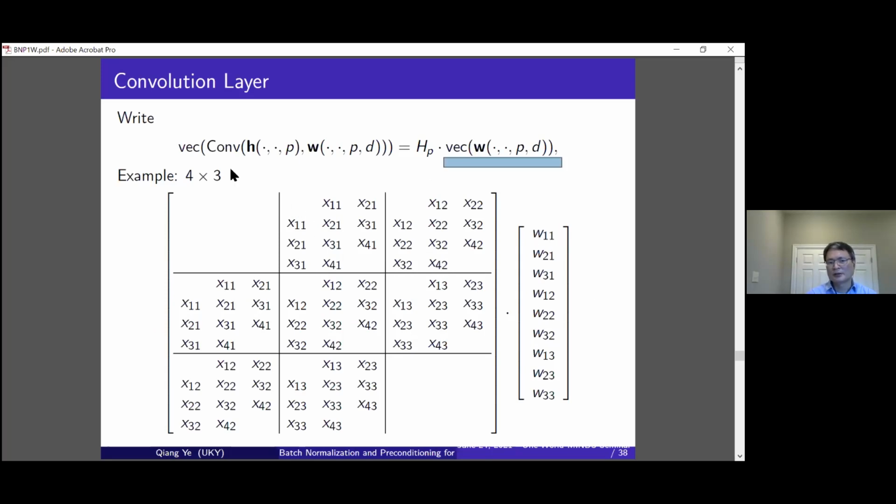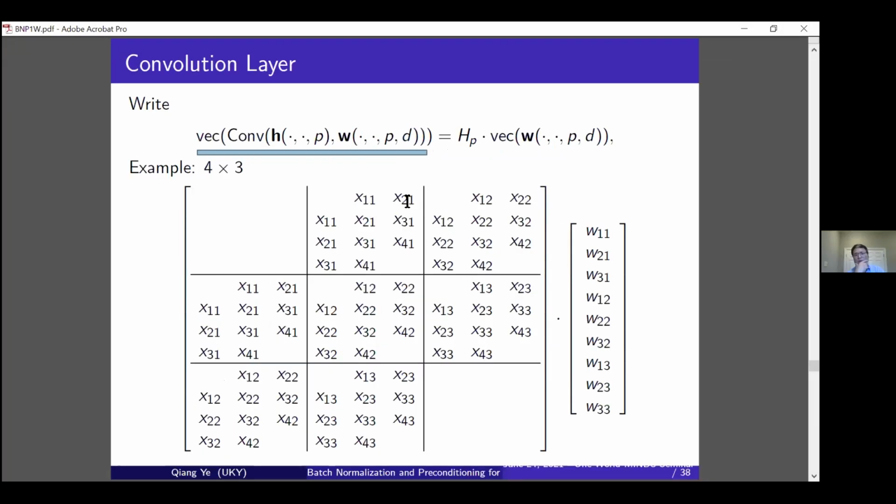So let's just look at the output for the convolution part. So first, write the vector form of the convolution of the input and the weight, and we can write it as a linear function of the weight, as a matrix times the weight in vector form.